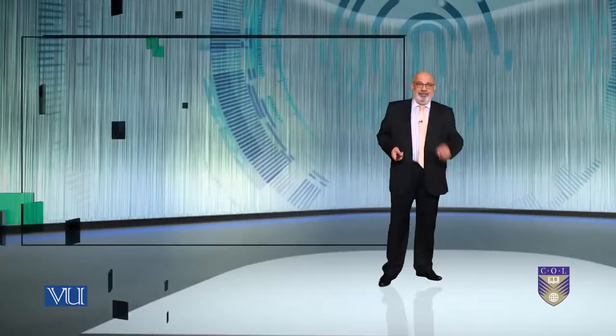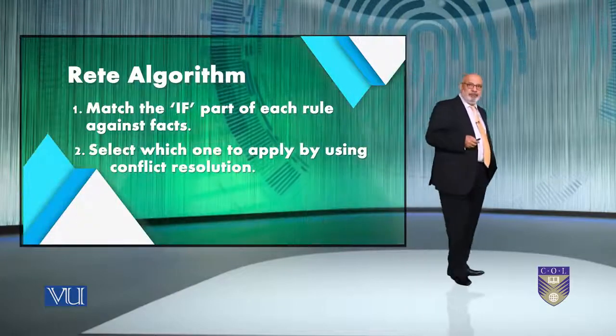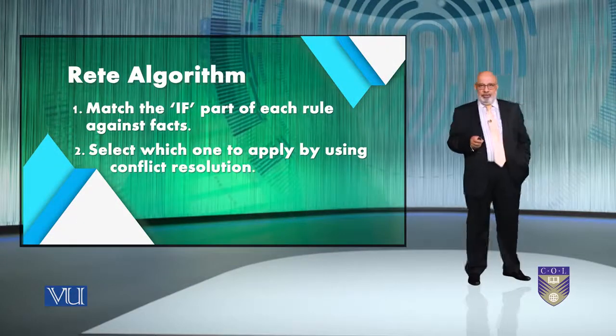It happens in everyday life as well. You come across various choices, and you need to define priorities. I have a certain priority, somebody else has a different priority. Or I'm going on a road, and I need to decide whether I should go left or right, or go straight on. There are three rules that can be applied at the same time, and I have to find a way of selecting one of them. That's what conflict resolution is all about.